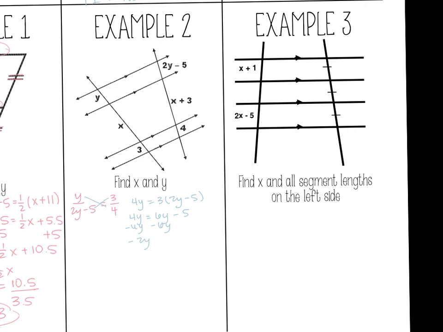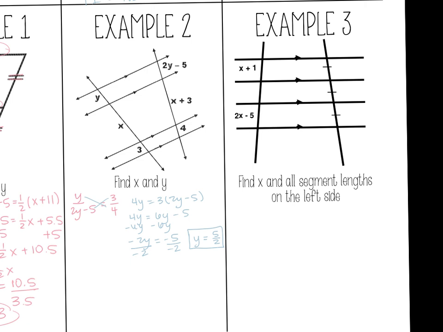I get negative 2y equals negative 15. Divide off the negative 2. So y equals 15 over 2, or 7.5, however you want to simplify it. Okay, so that's y.